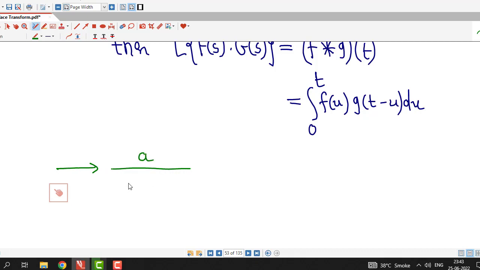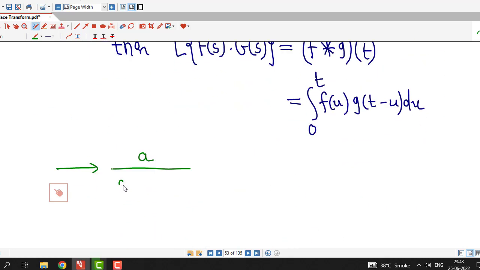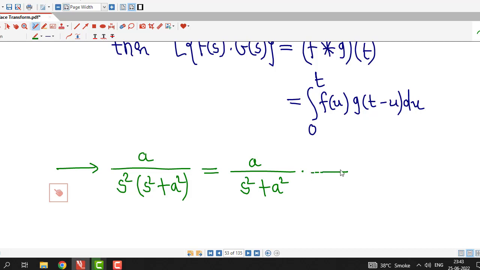Here the given function is a divided by s square times s square plus a square. So we first rewrite this function as the product of two functions. One function is a divided by s square plus a square, and another function is 1 divided by s square.